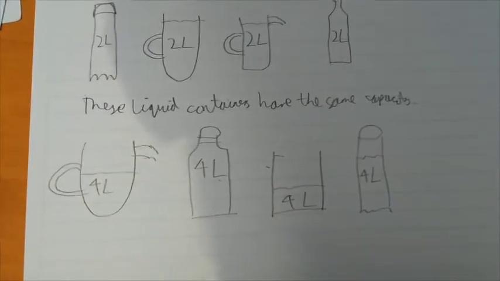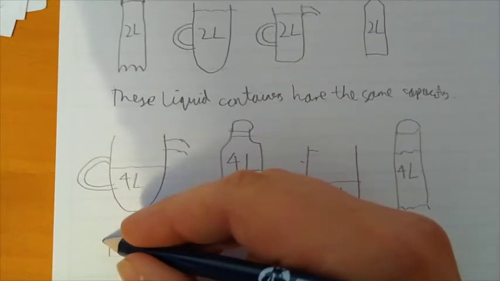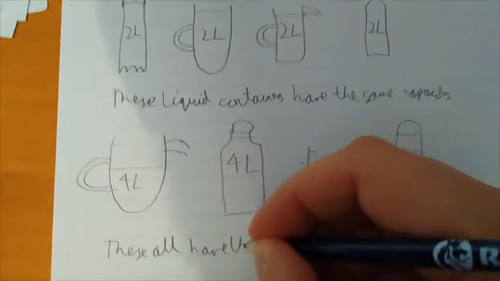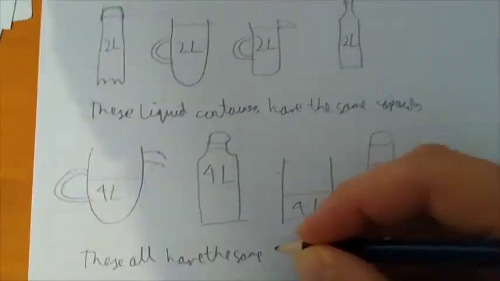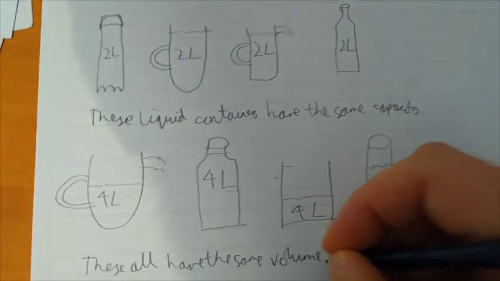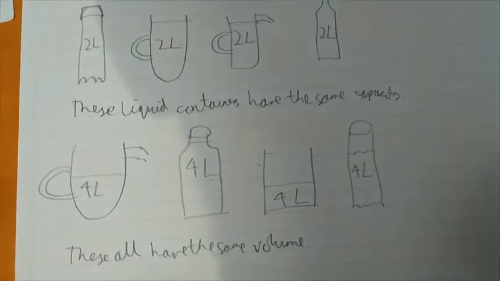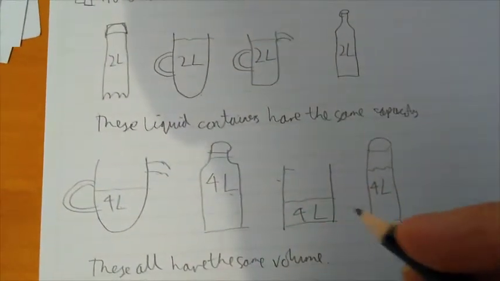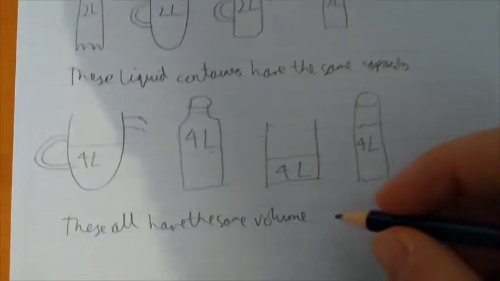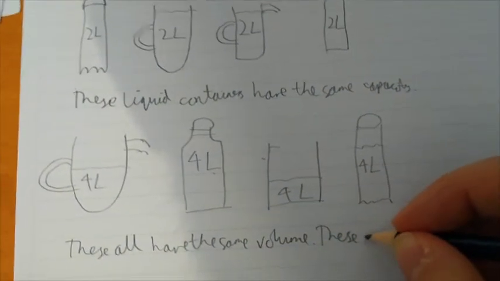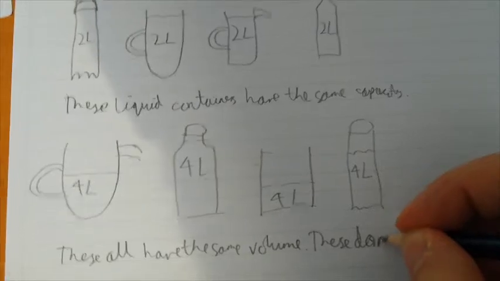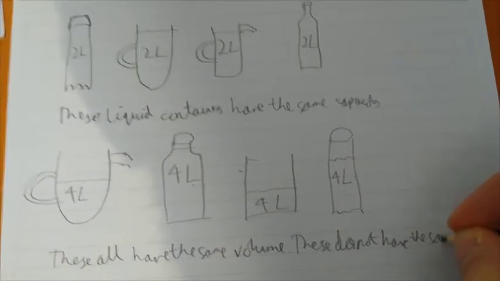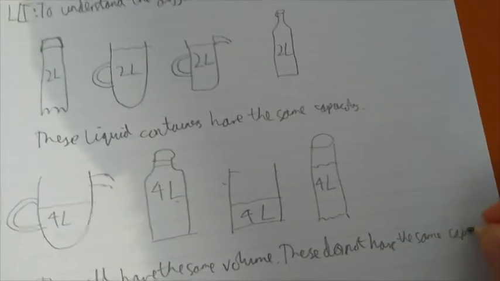So the similarity is these all have the same volume. Now, as I talked about earlier, we're measuring our volume in litres. So these are all filled with different volumes of water. So these do not have the same capacity.